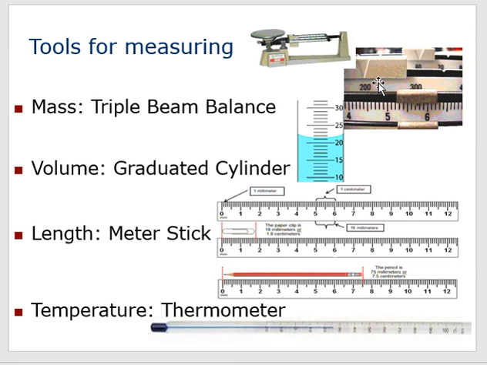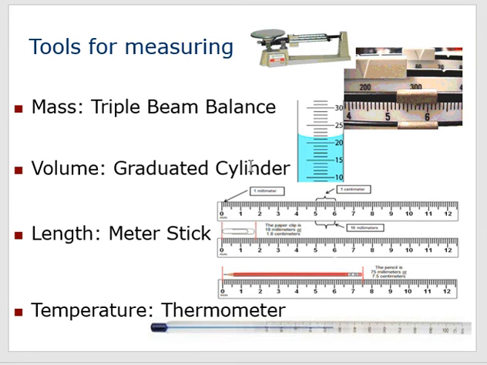So 200 plus 80 plus whatever you find on the 1 gram rider. So this would be 285 point, in this case you count up 1, 2, 3, 4, 5, 6, 7. 285.7 grams.